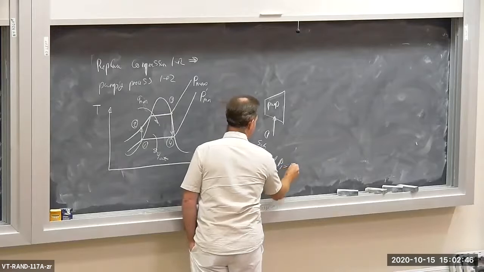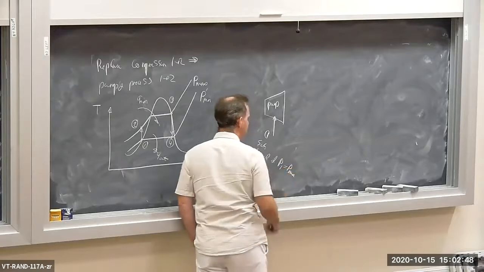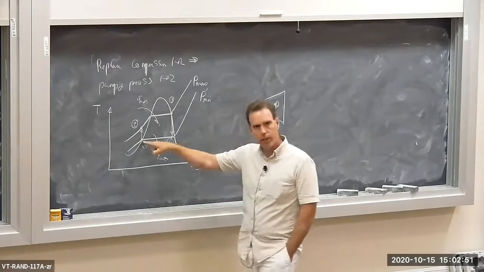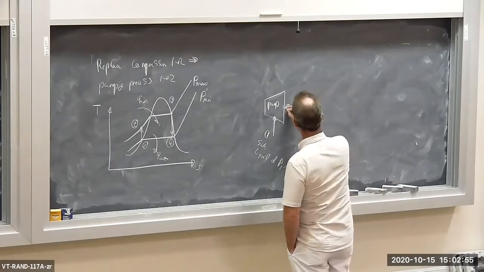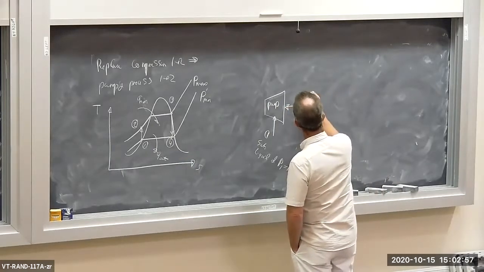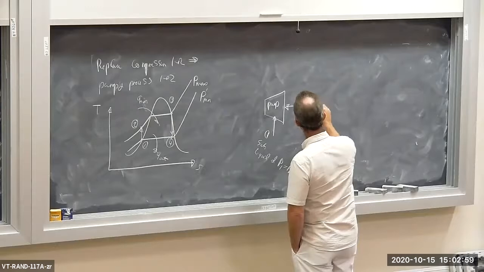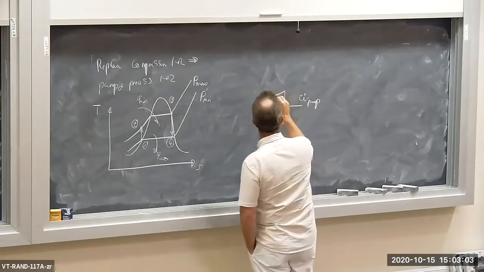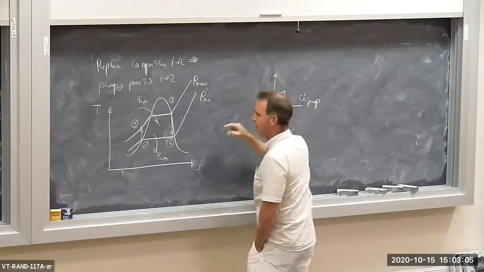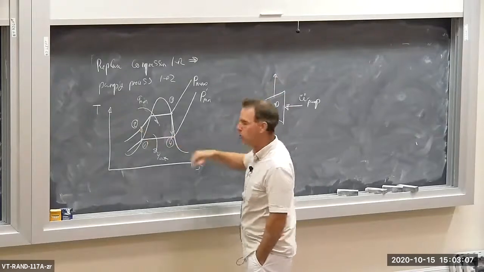So P1 is P min. Saturated liquid at P min. Now we do some pump work, W dot pump.